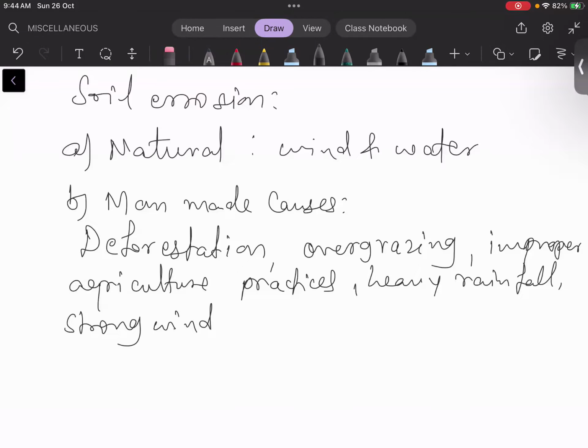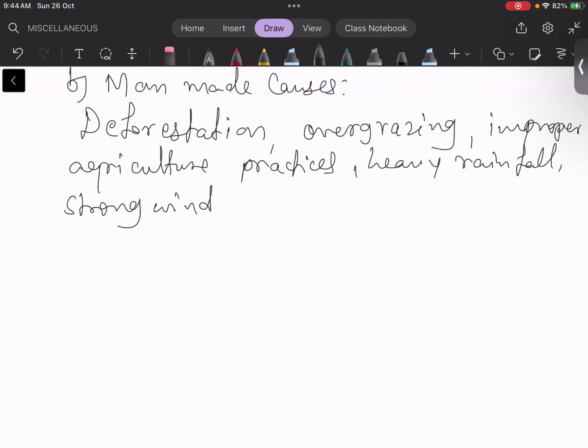Now, the greenhouse effect. Few points are left from this chapter. What is greenhouse effect?